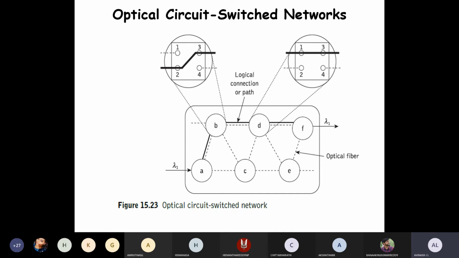In this optical circuit switch network, there are 6 nodes. How has the connection been made in this network? Please go through it.